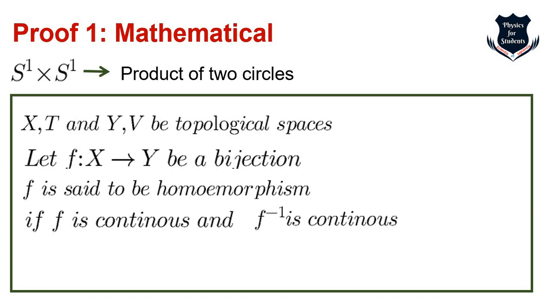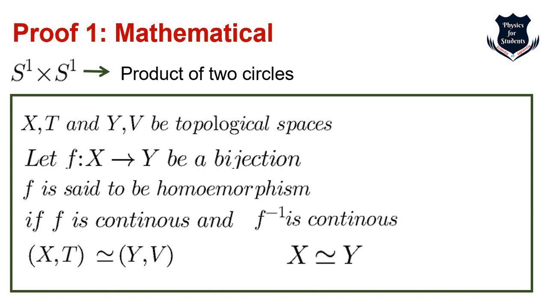And if F is continuous, obviously the inverse of F is also continuous. So in that case, we can write it in this way: X comma T is homeomorphic to Y comma V, or simply X is homeomorphic to Y. This is once we take the context of topology.